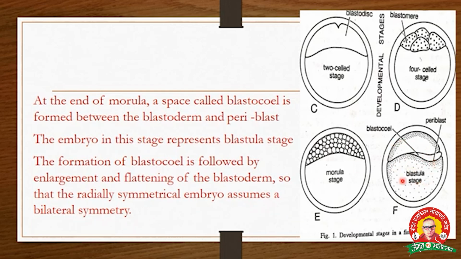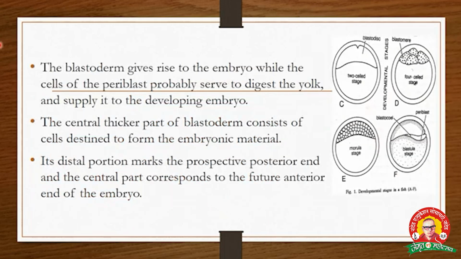The important thing: the blastoderm gives rise to the embryo, while the cells of the periblast probably serve to digest the yolk and supply it to the developing embryo.